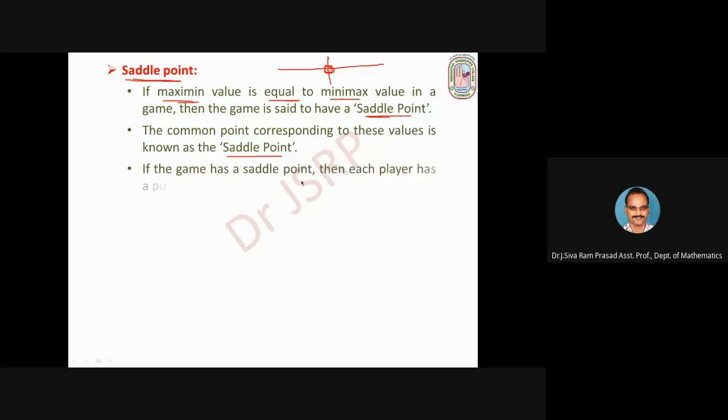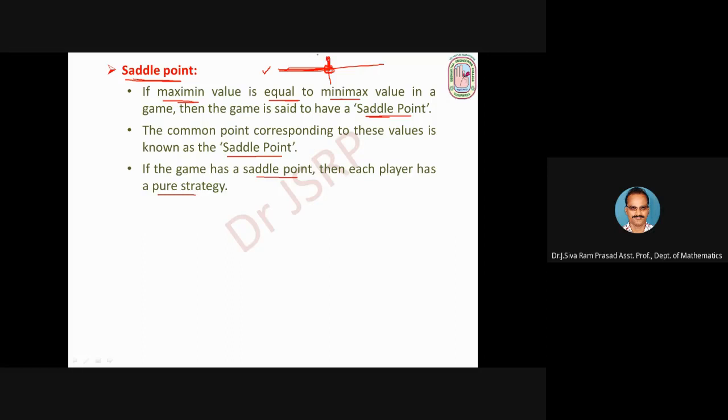Right. If the game has a saddle point, then each player has a pure strategy. That means player A selects the strategy corresponding to this intersection point, that is the maximin value, and the strategy for player B is the corresponding strategy in this column.